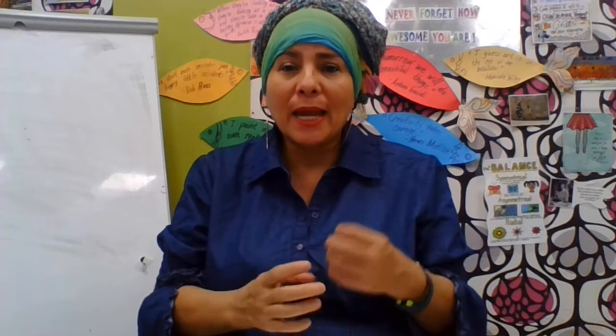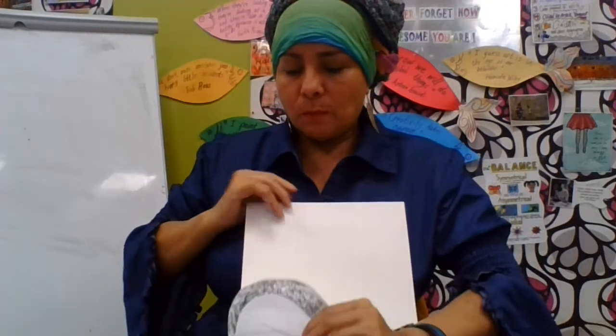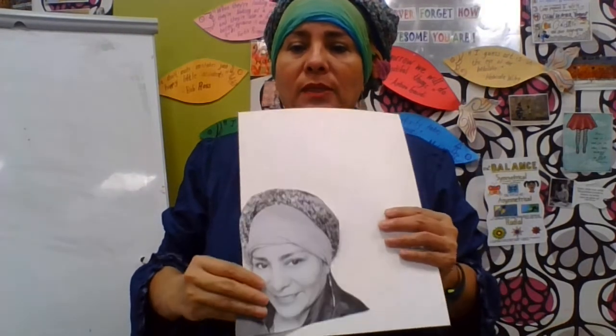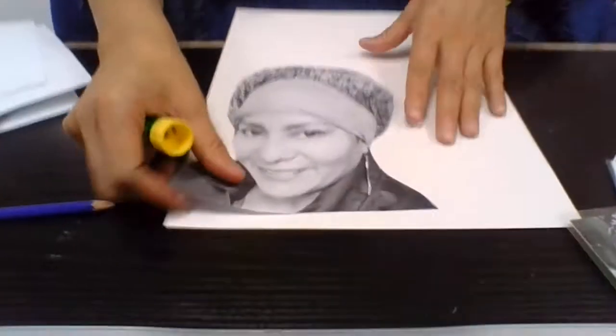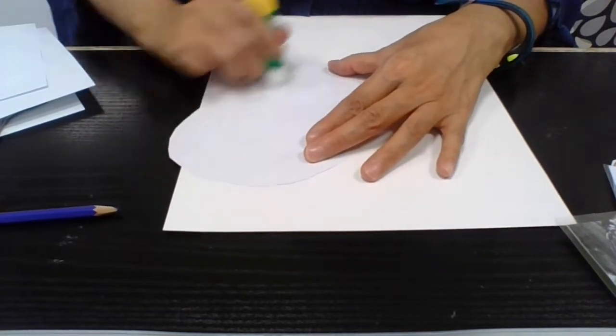So this project is super awesome because you are focusing on how to do a portrait and show those different roles by doing several things. First thing, like I said, you cut your face out. It should not be that big. So your paper, and I'm using a hard paper, should be relatively about this size. You are gluing it at the bottom. So you put some glue, but don't put so much glue that the paper gets crumpled up.